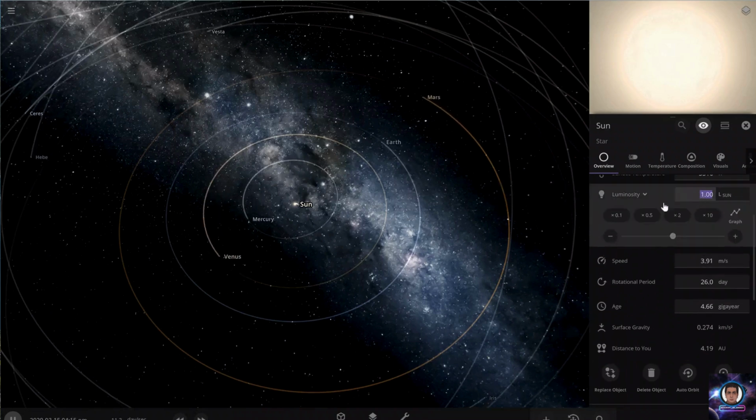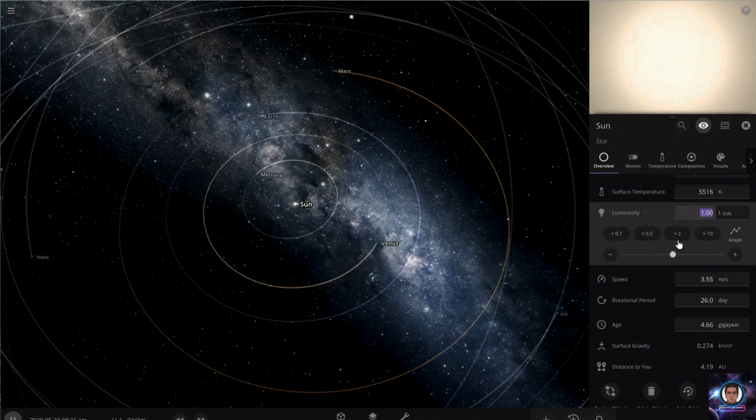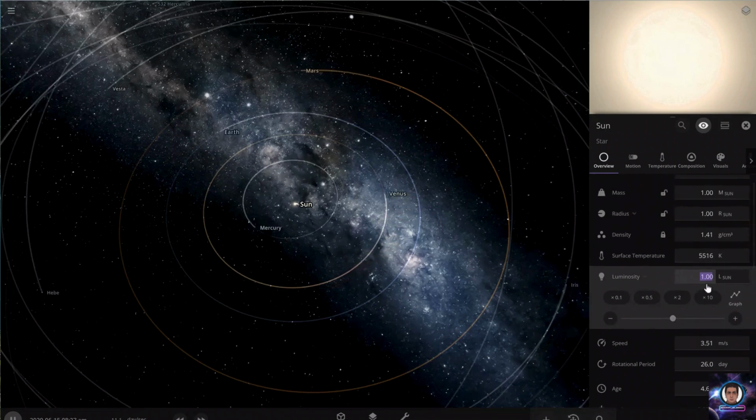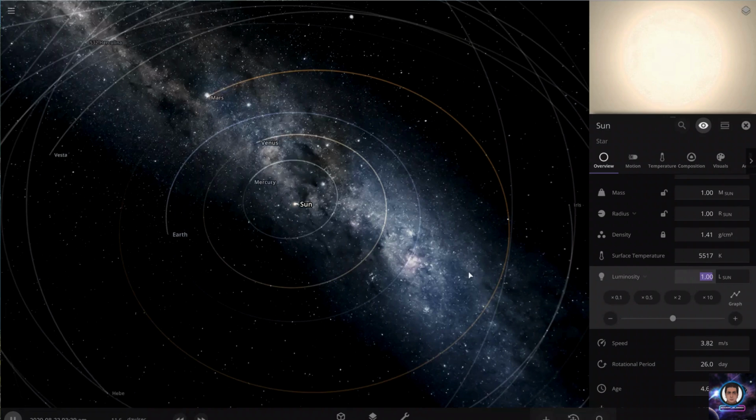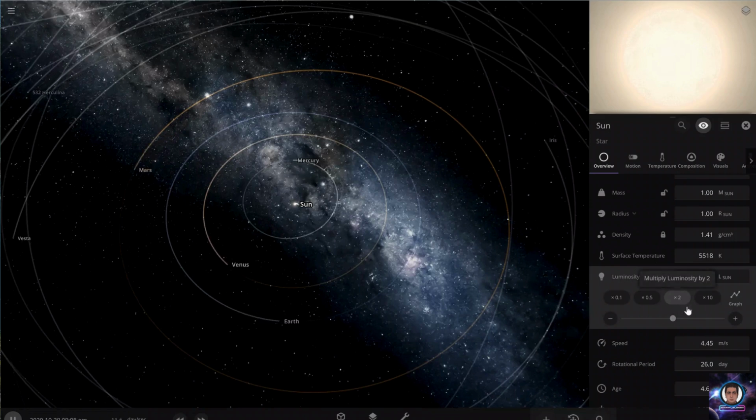But if you increase this luminosity, the other parameters might change. For example, it has a direct effect on the surface temperature of the sun, and again we would have lots of increase or decrease in other planets' temperature. For now I'm making it twice or 4 times more.